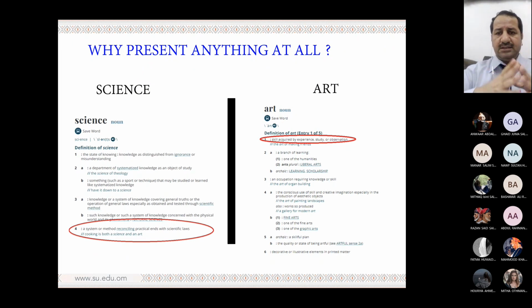Now, you work on science, and as you know, we usually have science and art. If we go to dictionaries and find definitions for science and art, and mix them to come up with what we want to say about presentation, look here at the left-hand side, the science definition: a system or method reconciling practical ends with scientific laws.